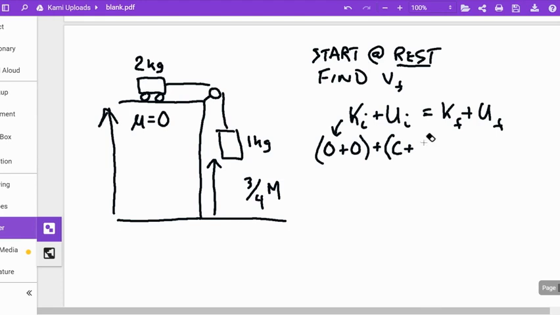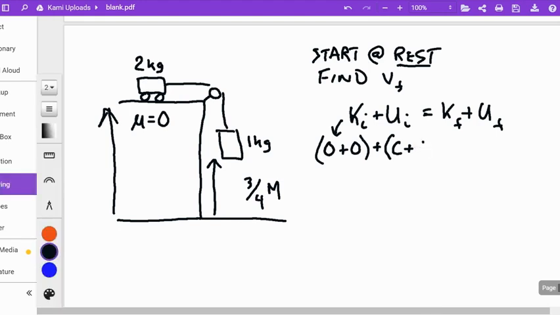So this is going to be 1 kg times 9.8 times a height of 3/4. And that's going to be positive because it's above the ground. So our reference level is going to be the Earth, and we're going to calculate the energy for this mass because it's going to change its position.